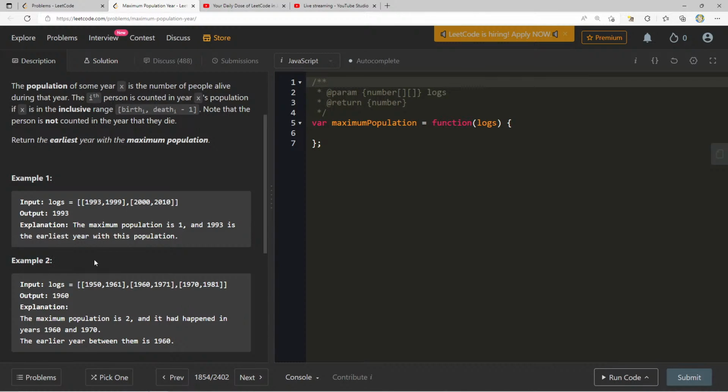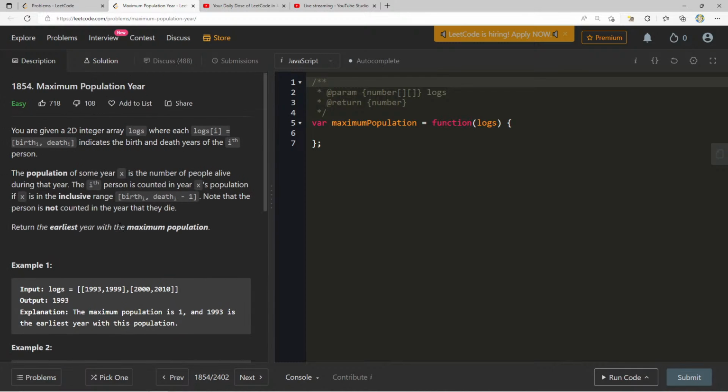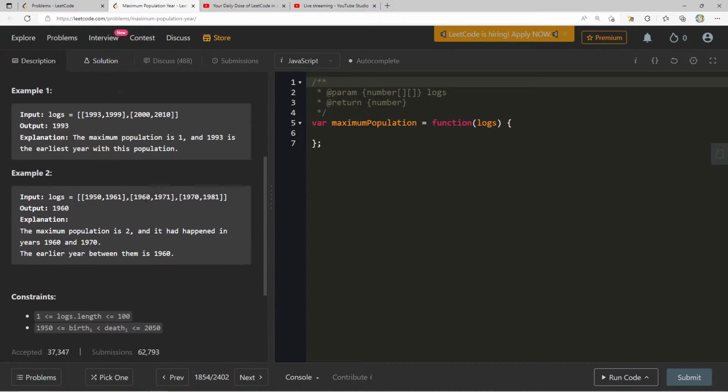So can we sort it by birth year? And then anytime we get to a year that's greater, so if the birth year is less, and it needs to be, a person is not counted in the year that they die. So I think birth year needs to be strictly less than the death year of the previous date.